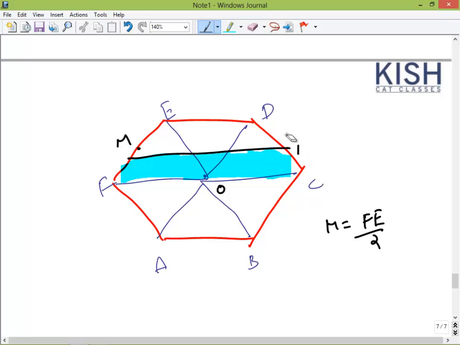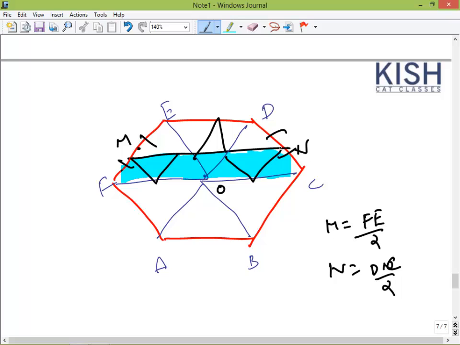I'll write this as N. N is DC by 2. So it means that these two are equal. These two are equal. Now you can divide them. 7. So double. This one is 7. This one is 7.